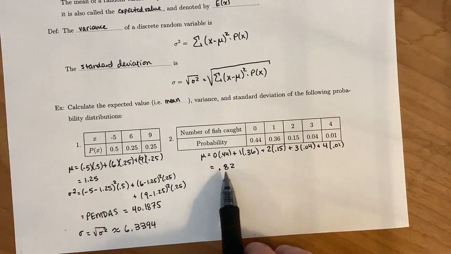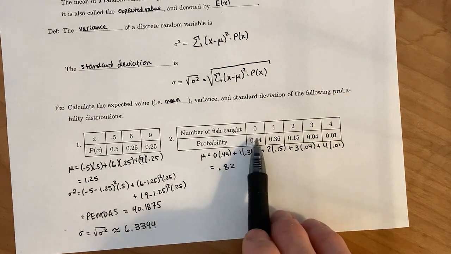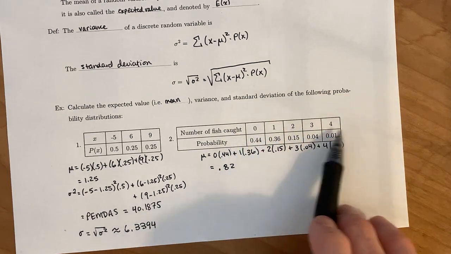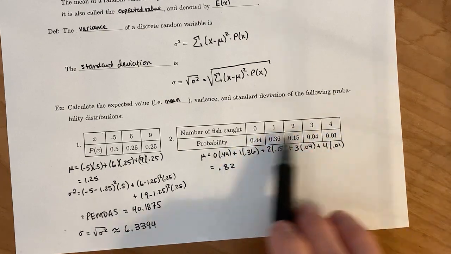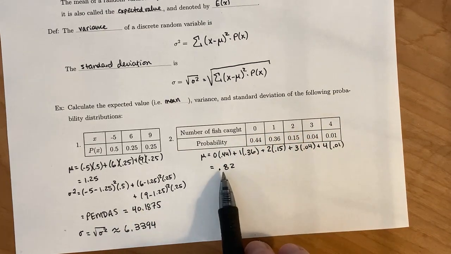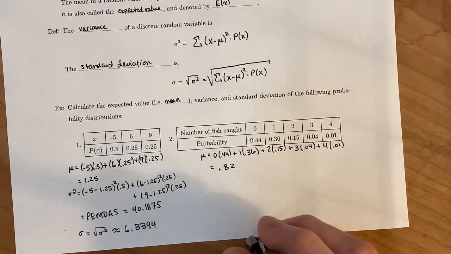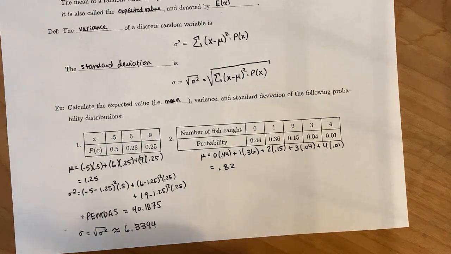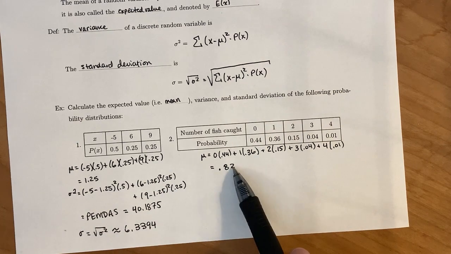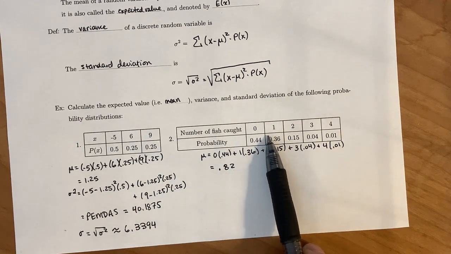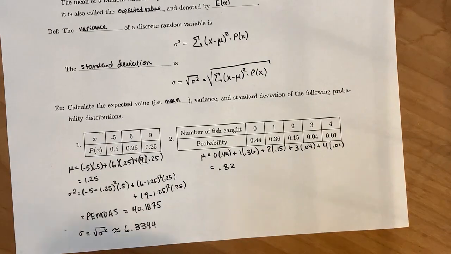Then what this 0.82 represents is to perfectly balance the weights on this 4 inch bar, you need to put essentially a fulcrum, or the point at 0.82 to perfectly balance this thing with the weights.